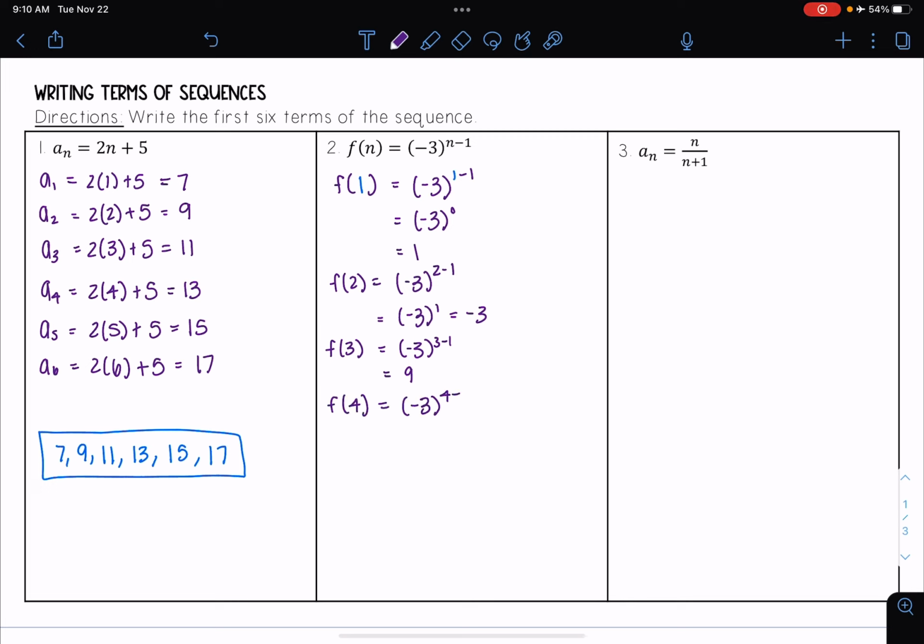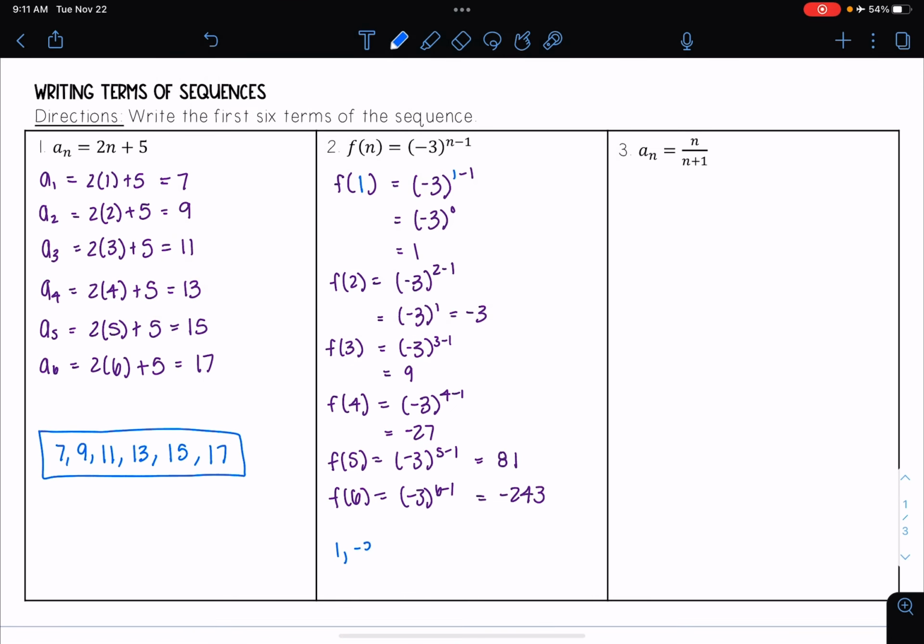And then I have negative 3 to the 4 minus 1, which is equal to negative 27. Negative 3 to the 5 minus 1, which is equal to 81. And then negative 3 to the 6 minus 1, which is equal to negative 243. And so that means my sequence here is going to be 1, negative 3, 9, negative 27, 81, and negative 243.